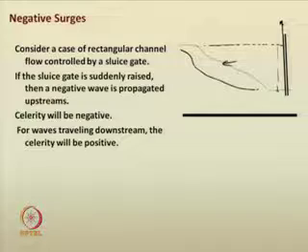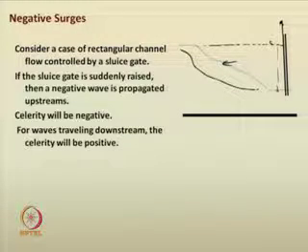When you raise this sluice gate, the original depth which was like this much gets dipped here and this wave will be propagated to the upstream. Then how do you analyze this propagation of this negative wave?